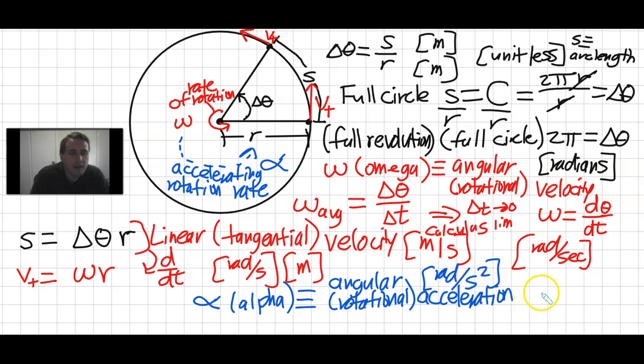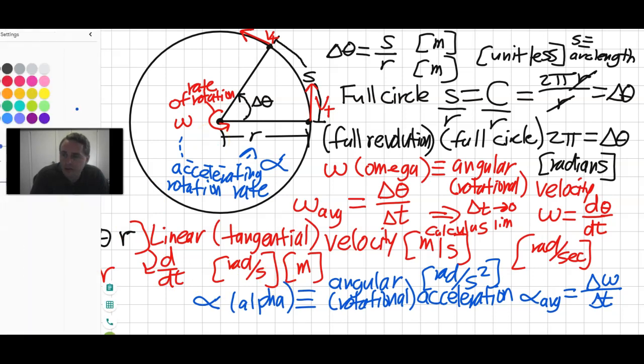Why is that? Because alpha average should be change in omega over change in t. That's the change in the angular velocity over change in time. And by the way, if there is an acceleration, you can imagine that the velocity is actually getting larger.